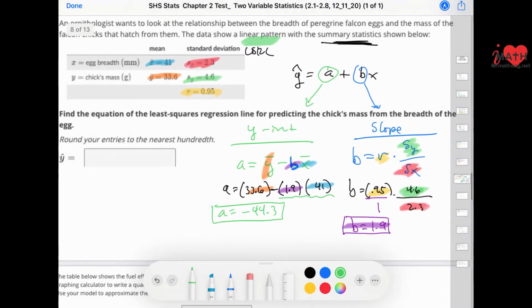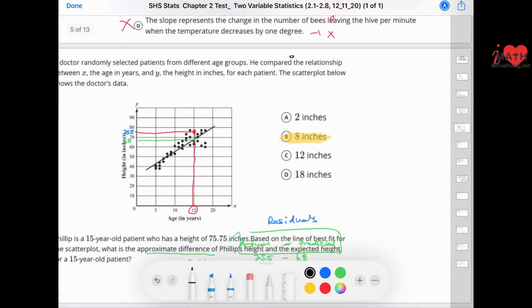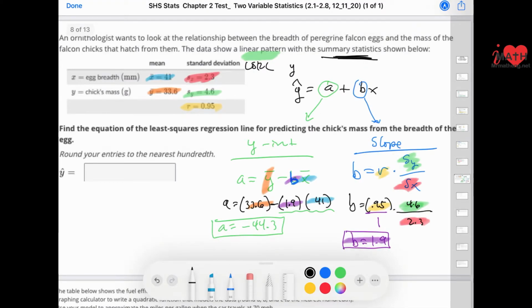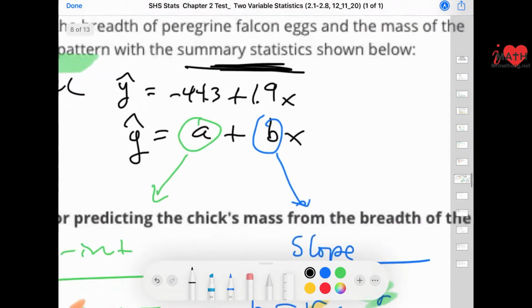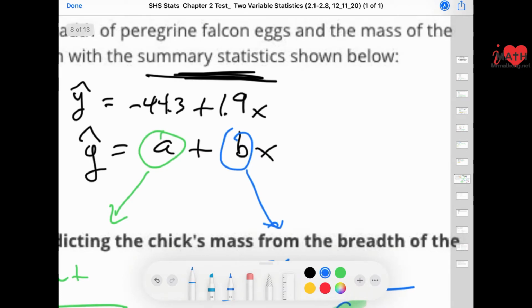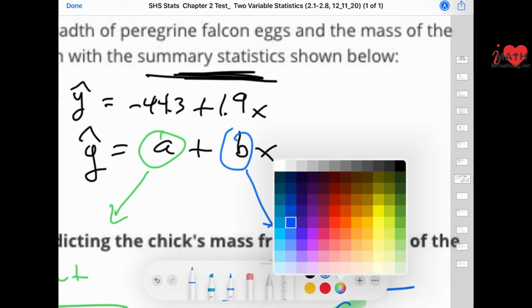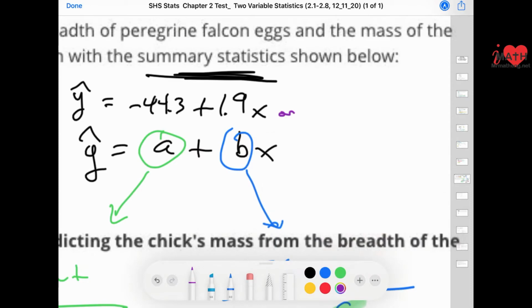So to put that all back together, I have y bar equals my a value, which is negative 44.3, and then my b value, which is a positive 1.9x. Or you can also have, if you just change it around, 1.9x minus 44.3.